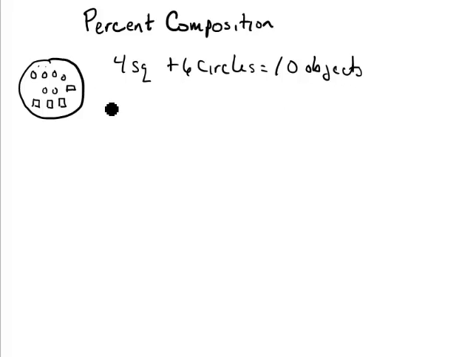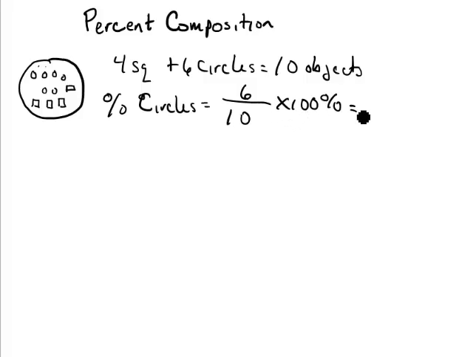And we can define the percent composition. So percent circles is going to be given by, well, I have 6 out of 10 total, and because it's a percent, I'm going to multiply by 100%. 60% circles, right? That's it.